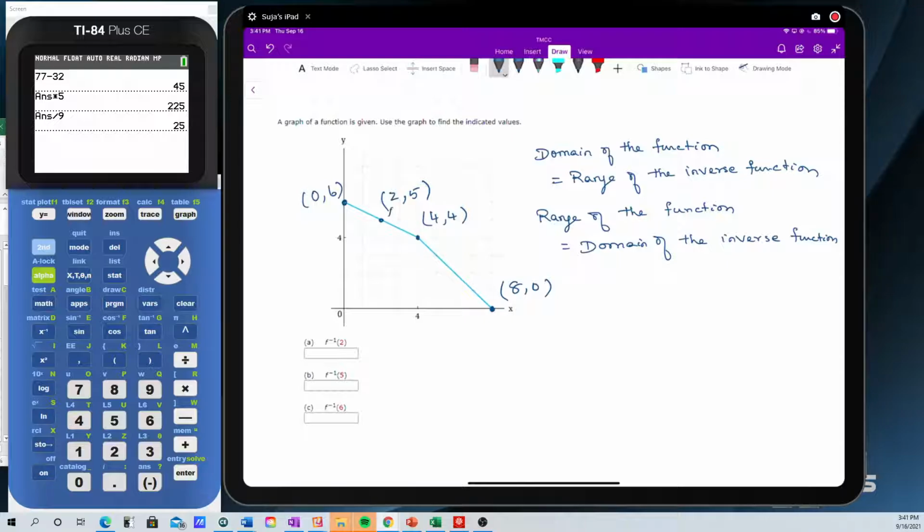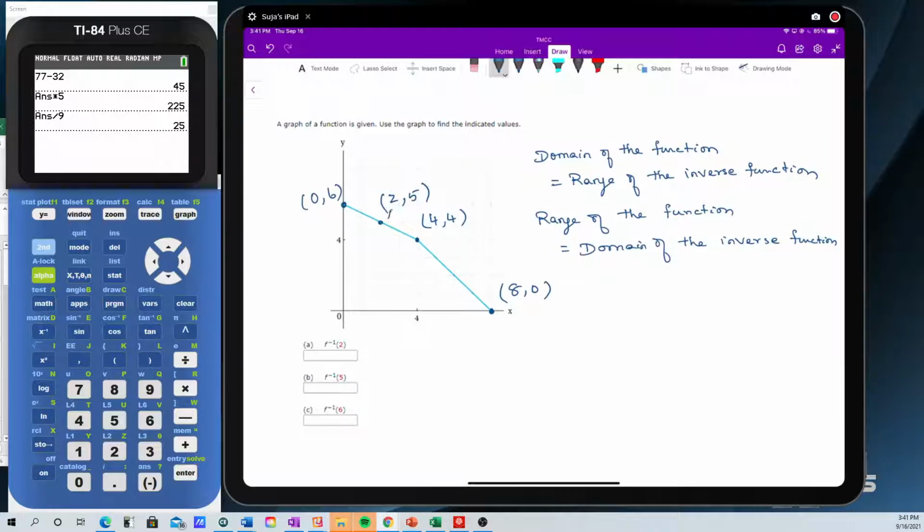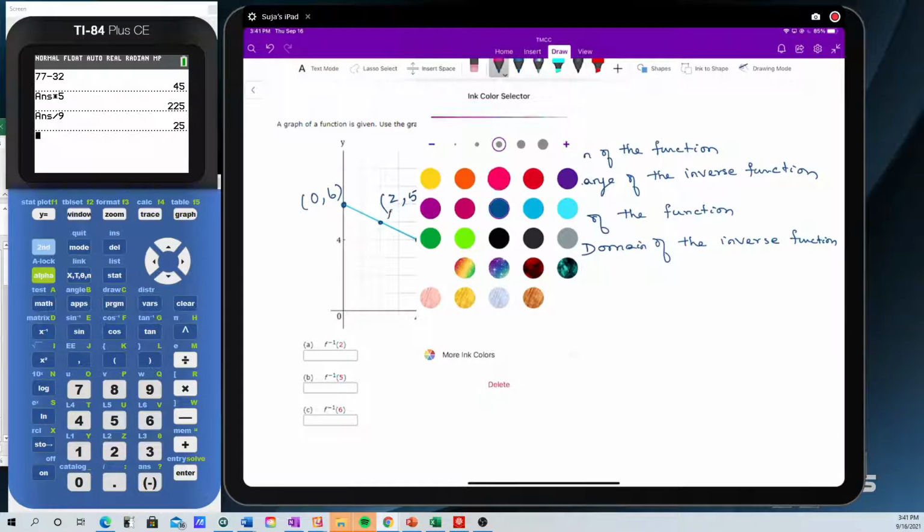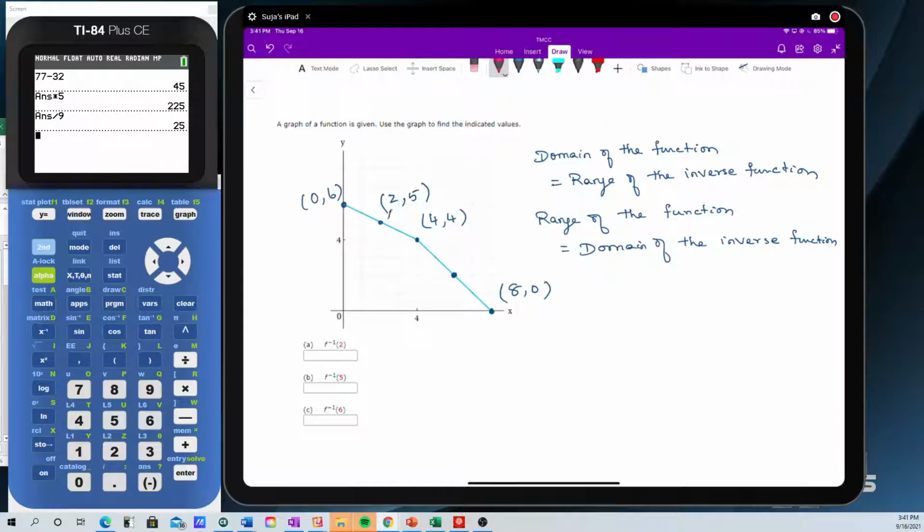Then my y is 2. Where is the graph? So this is the point I'm looking for. I should have picked that too. So it's 6, comma 2 is that point. And my y of 5 would be this point. I already picked it. y of 6 is that point.